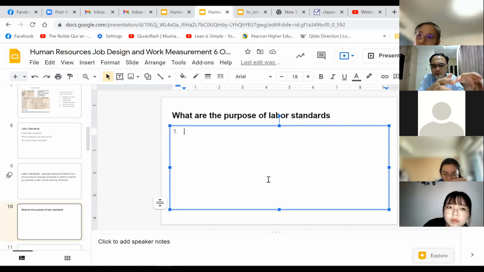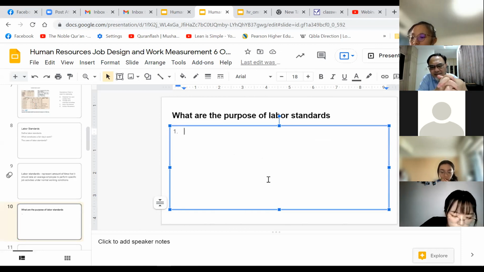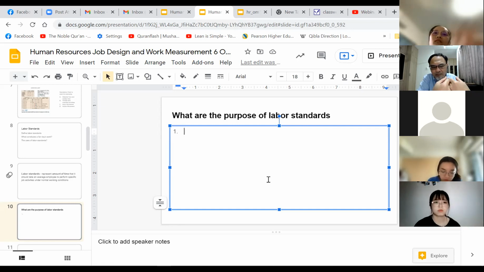If I want to do the job, I need the time. So what's the purpose? Anyone? If you are a manager of a company, I need to know the time. What benefit does it give to you? Anyone?